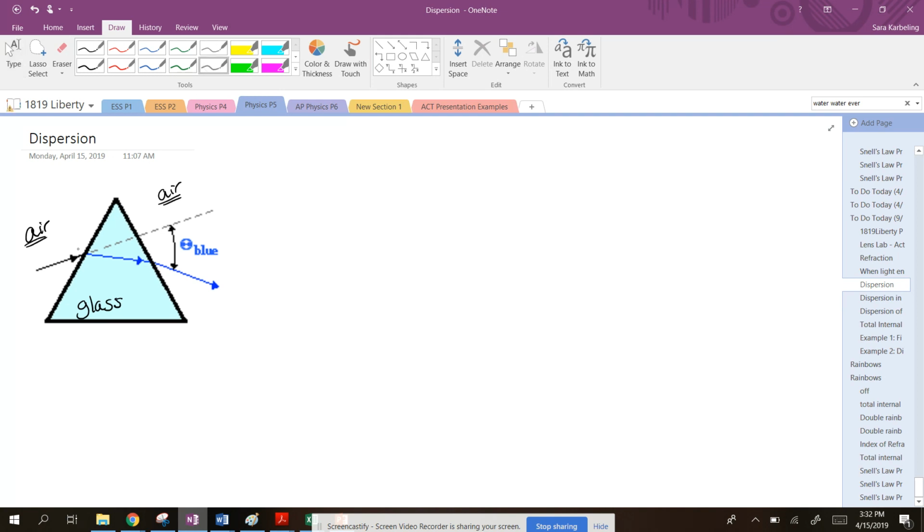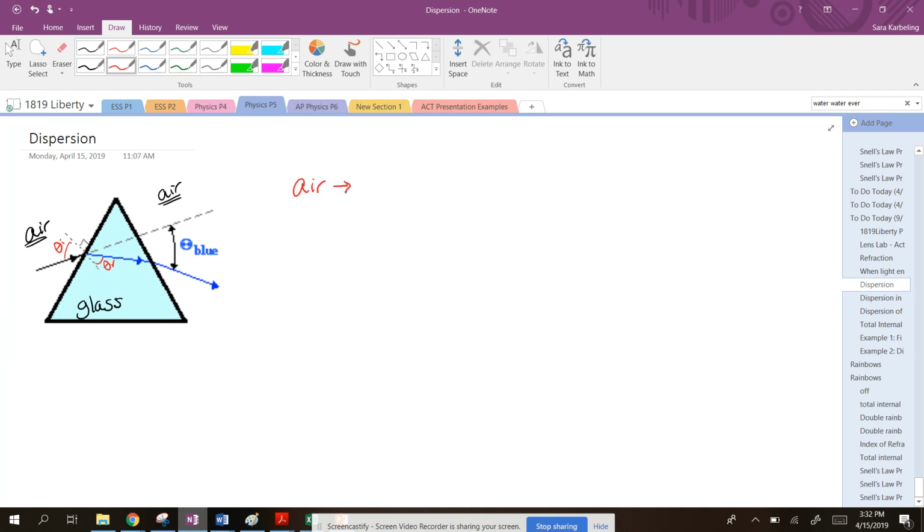As we watch this light, remember we're going to draw our normal line. Normal means perpendicular to the surface, so I'm trying to draw a line that's about perpendicular to this. We can see that the angle in, theta I, as compared to theta R, theta I is bigger. It's bending toward the normal, so we're going to write this down.